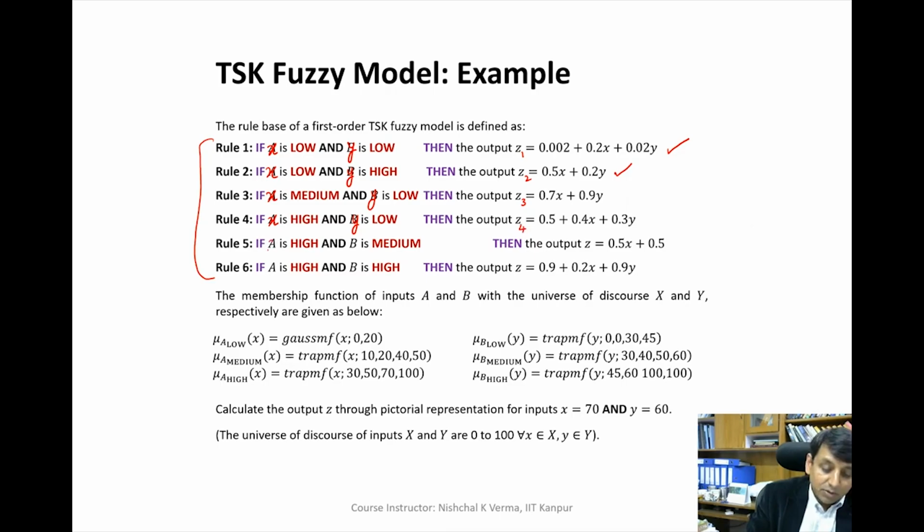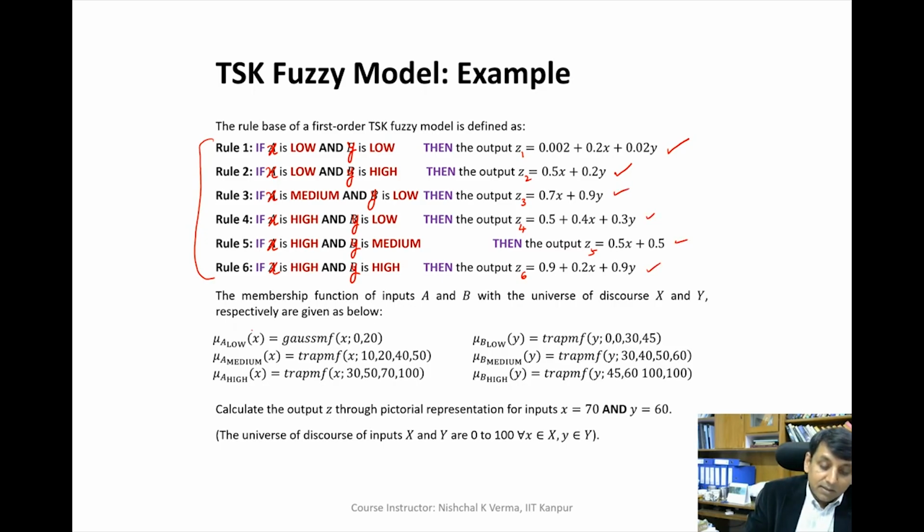Similarly, rule number 5 has x is high, y is medium, then the output is Z5. Rule number 6 has x is high, y is high, then the output Z6 is given by this expression.